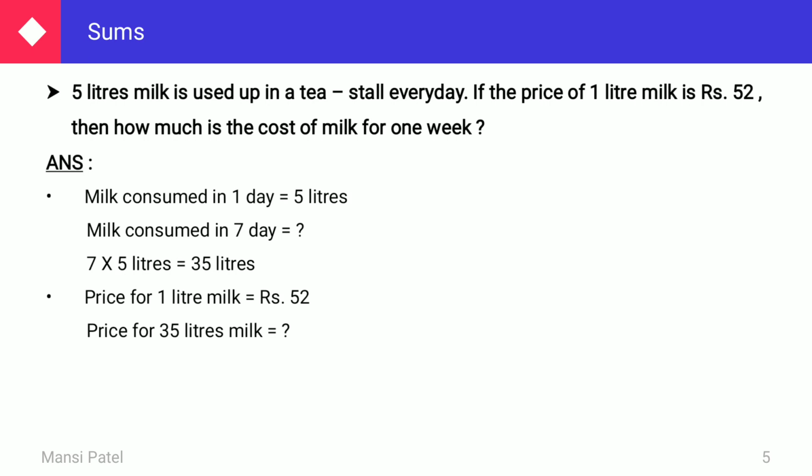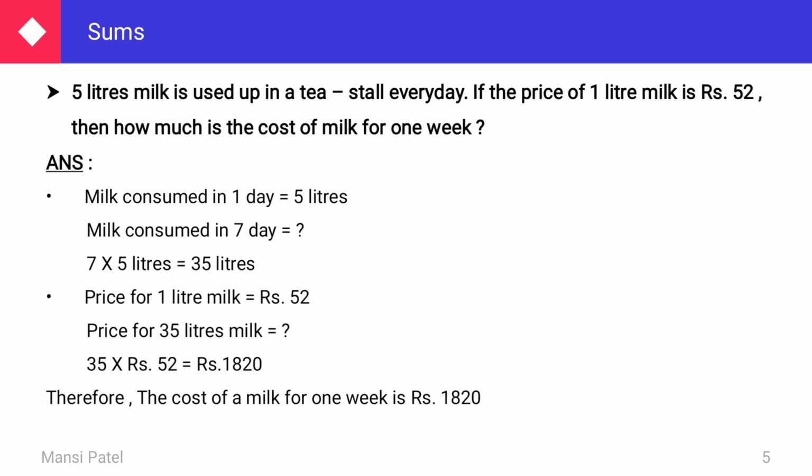So the numbers written in the cross, do the multiplication: 35 multiplied by rupees 52 is equal to 1820. Therefore, we can say that the cost of milk for 1 week, or for 7 days, is rupees 1820.